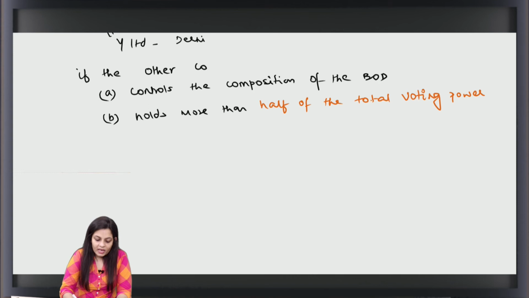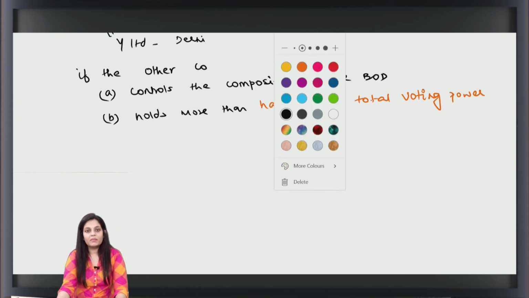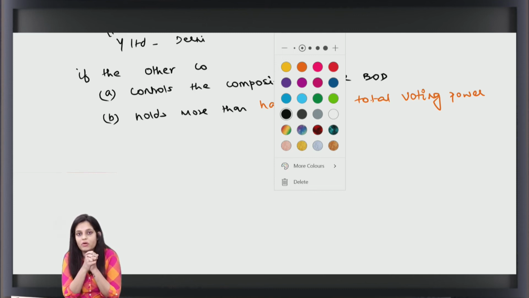Now, what do we mean by controls the composition of the board of directors? When can I control the composition? How can I control the composition of your board of directors? If I have a right, please understand, if I have a right to appoint more than half of your directors, please, I'm not saying if I have a right to appoint 1 or 2 directors.